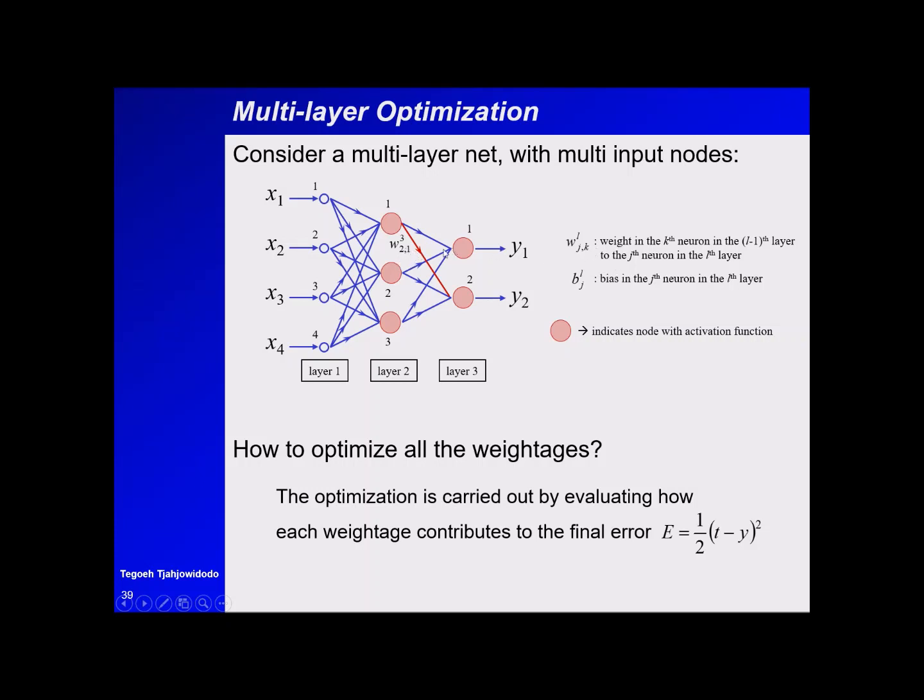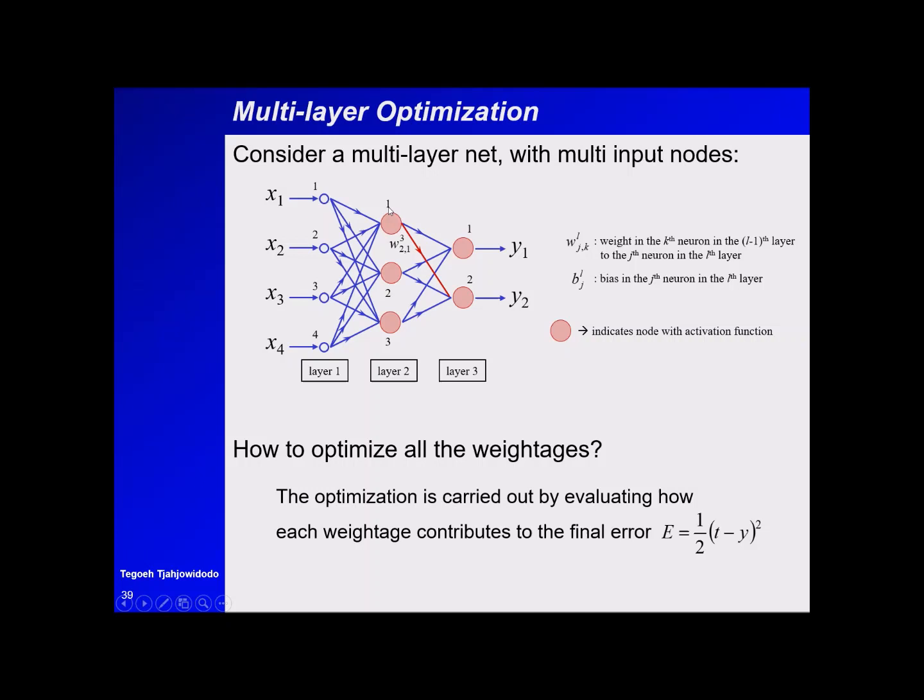The K here is 1. So this is the weightage in the first neuron, in the L minus 1, where L is 3 in here. So 3 minus 1, the second layer. This is the first layer. This is the second layer.